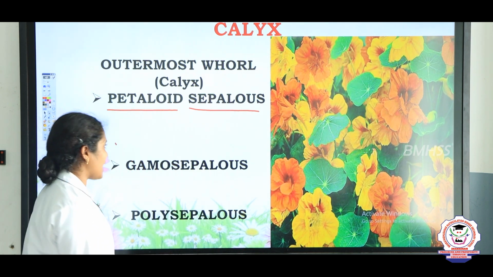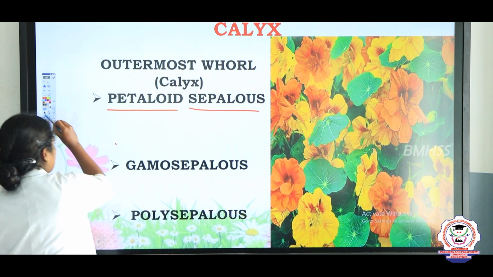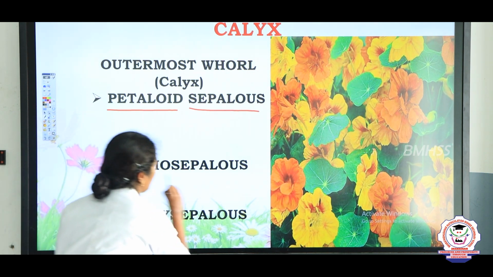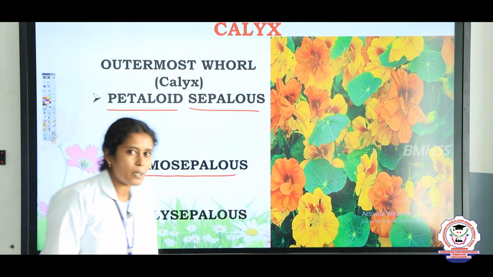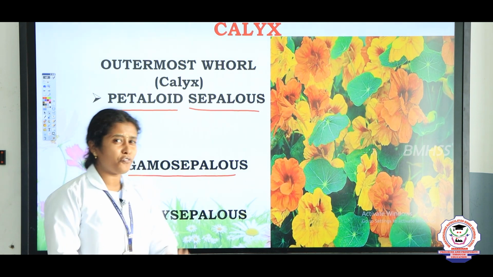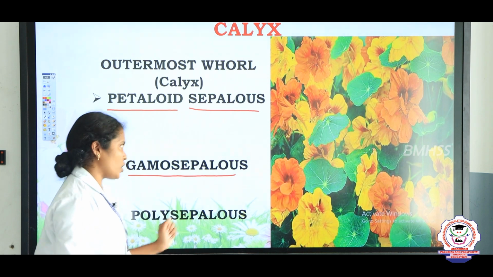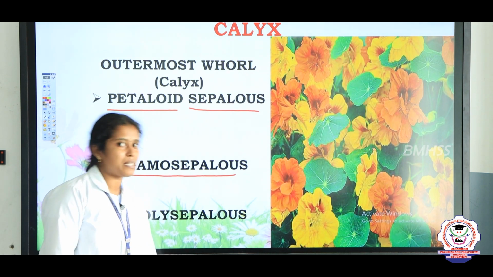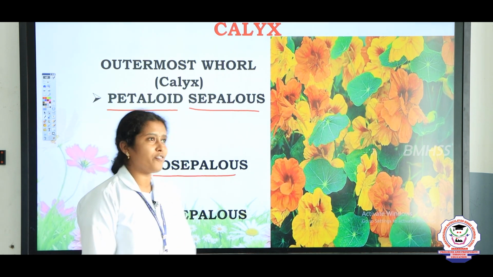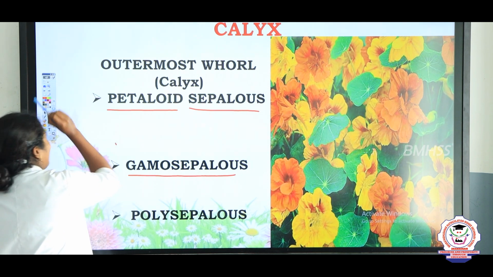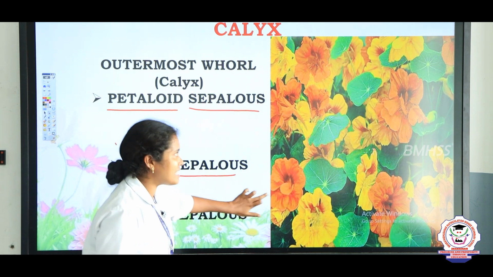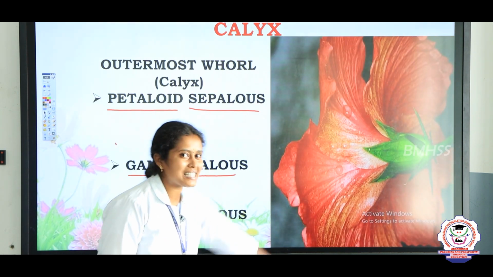So the second type, gamosepals. Gamosepals means the sepals are fused or joined together. Such types of sepals are called gamosepals. What is the example of gamosepals? The example of gamosepals is hibiscus.